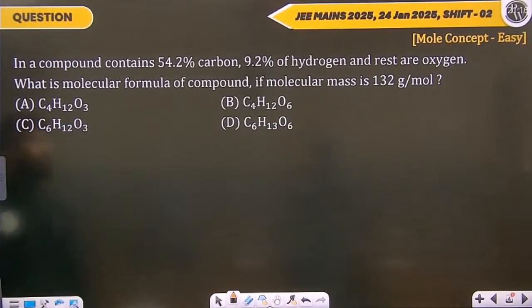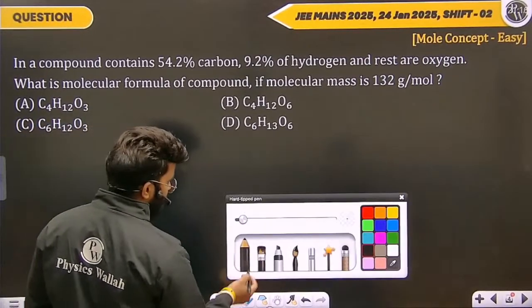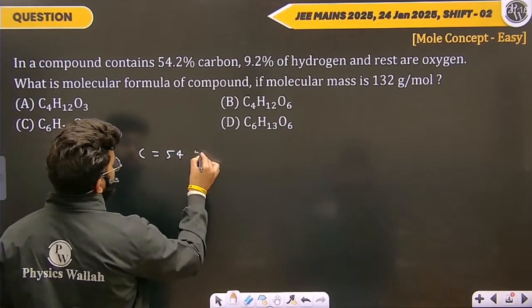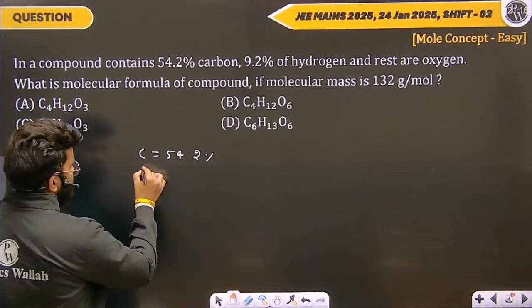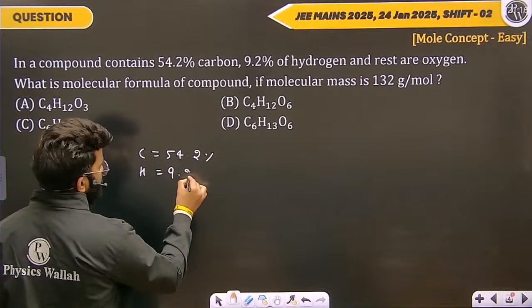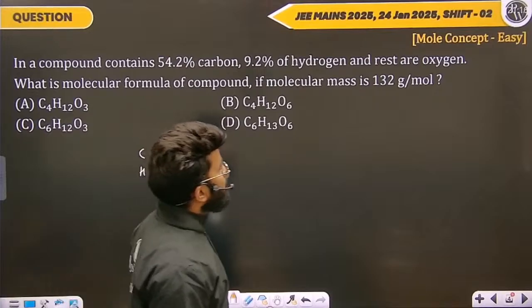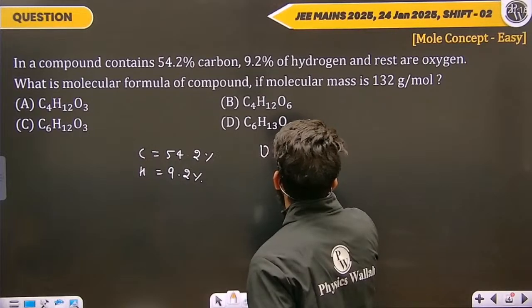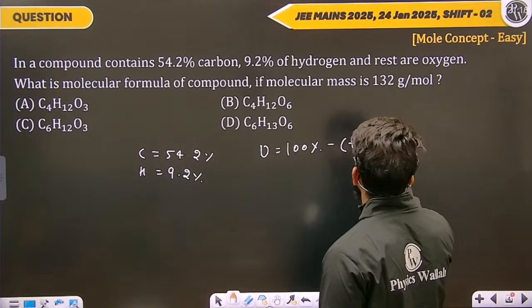A compound contains carbon 54.2% and hydrogen 9.2%, and the rest is oxygen. We know that oxygen is 100% minus the C plus H percentage.